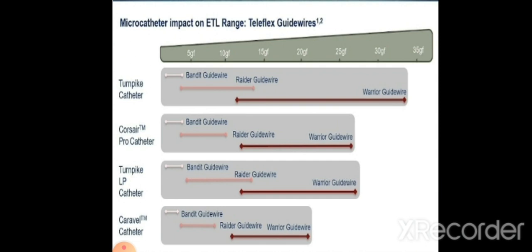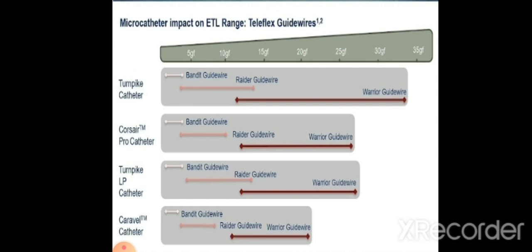microcatheter impact on effective tip load range for Teleflex guide wires. The Teleflex guide wires here are Bandit, Rider, and Warrior guide wires. Bandit is a low tip load, Rider is a mid tip load, and Warrior is a heavy guide wire. With these three types of guide wires and different microcatheters, you will see a very wide range of effective tip load.